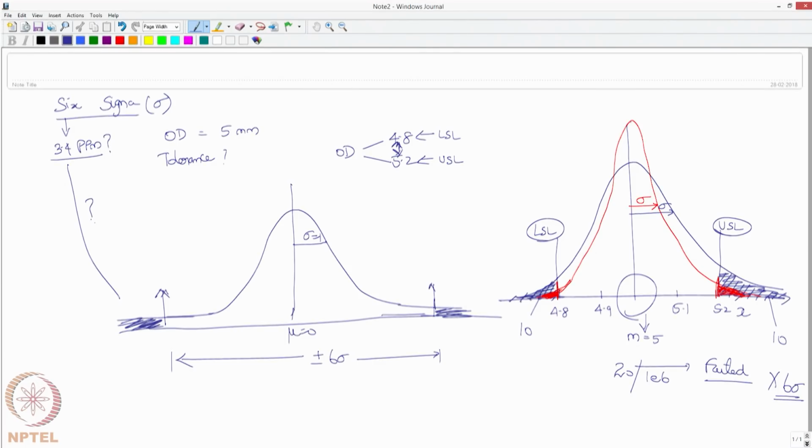So then why do you say 6 sigma is equal to 3.4 parts per million? If statistically you take a distribution and take the areas beyond 6 sigma, it is going to be less than 3.4, area wise, out of a million. Then why do we say 6 sigma is 3.4 parts per million?